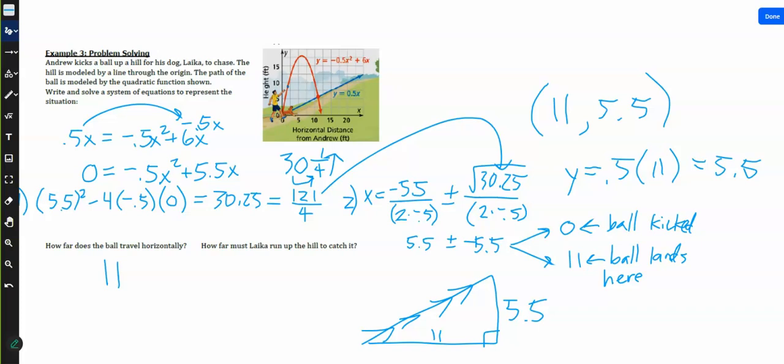Ooh, interesting question. 11 squared plus 5.5 squared, and then take the square root, a little Pythagorean theorem. All right. 11 squared plus 5.5 squared, take the square root, equals 12.3, approximately. So she has to run 12.3 feet to get there. Interesting. I like that question.